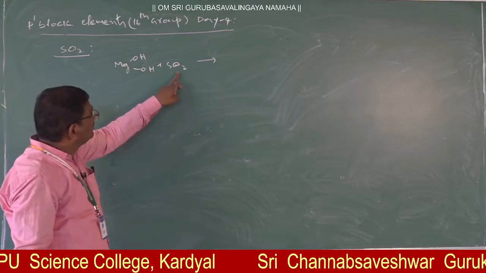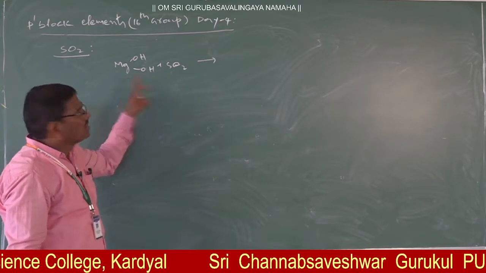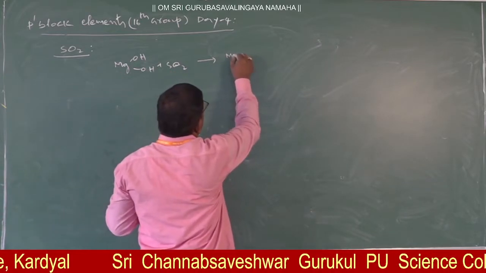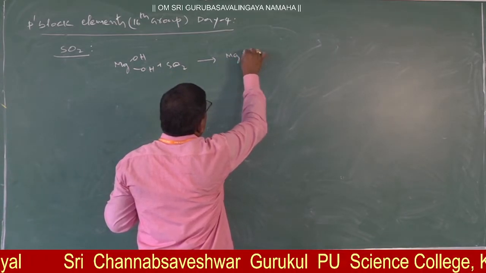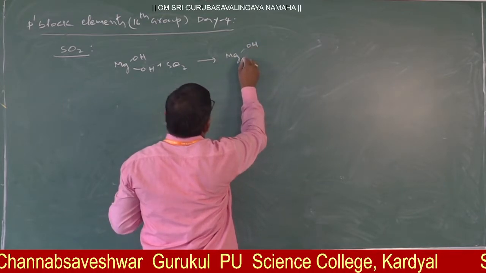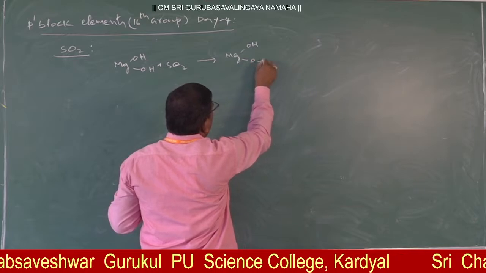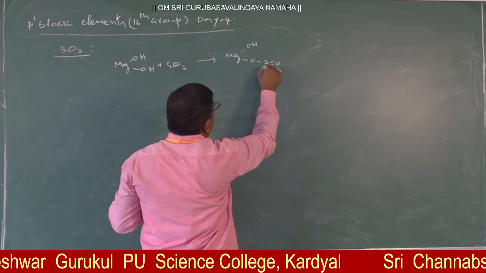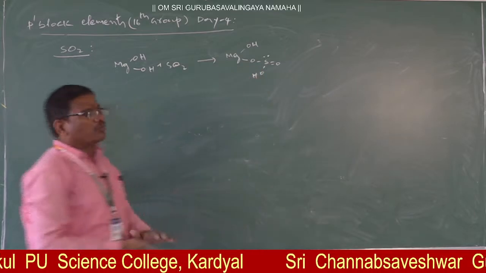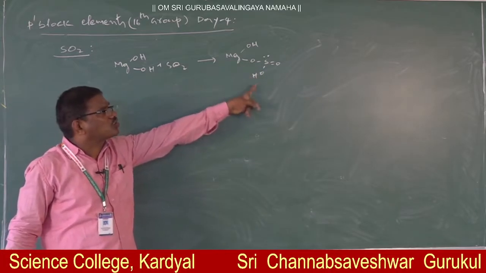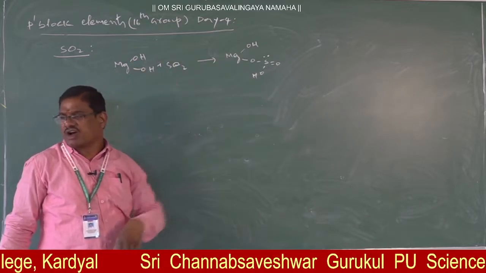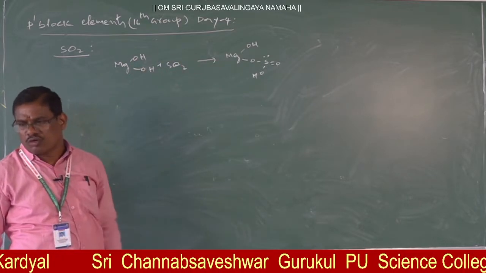It is the acid, it is the base, going to yield Mg(OH), here O=S=O with OH and a lone pair. Magnesium hydroxosulfite. There sodium bisulfite we got, because sodium hydroxide is monovalent only.